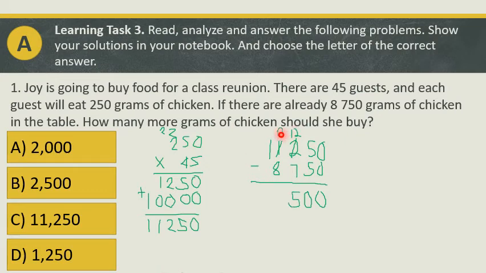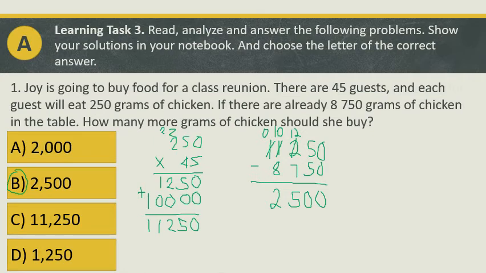Then, yung 0 minus 8 hindi rin pwede. So, manghihiram yung 0 dito sa 1 na nasa unahan. So, kaya itong 1 na nasa unahan ay maging 0. Then, yung 0 ay magiging 10. So, 10 minus 8 is 2. Okay, so ang answer natin is 2,500. So, mayroon po ba dito sa choices? So, yun po ay letter B.